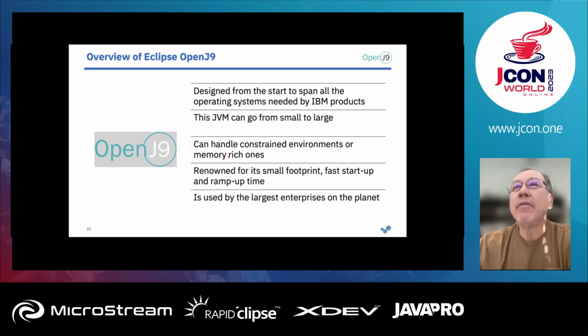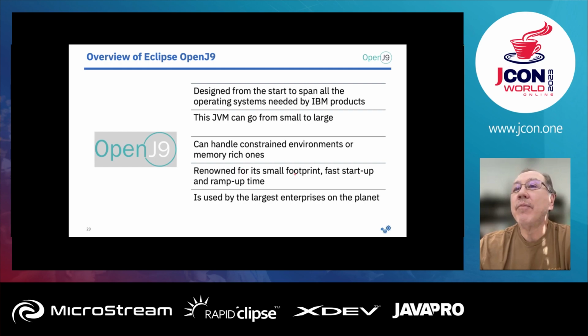So the background was that IBM recognized how popular Java was, and they wanted to make sure that Java ran on all of their supported devices. That could include handheld devices to mainframes, correct? So it has to handle constrained environments or even memory-rich ones. So it needs to be very modular.